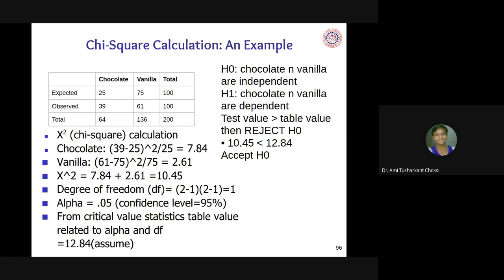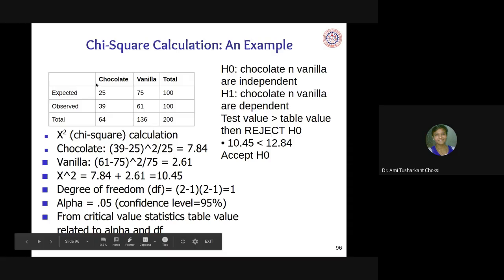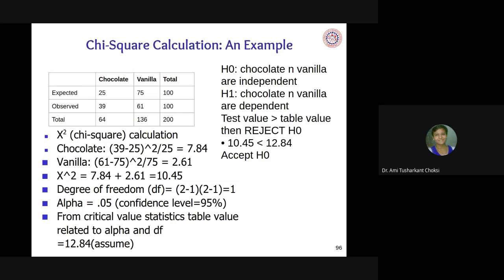Just now, let us consider this particular example and try to find whether chocolate and vanilla are independent or not. For that, we have two hypotheses. The null hypothesis says that chocolate and vanilla are independent, and H1 says chocolate and vanilla are dependent.